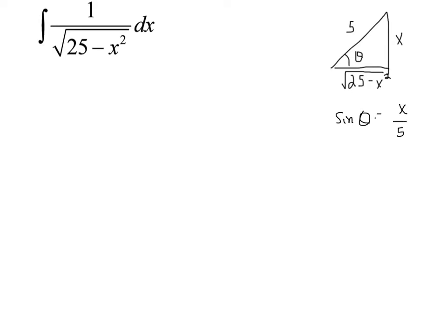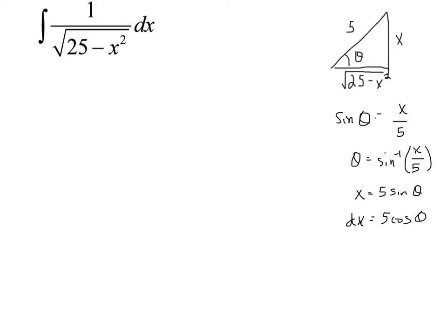And from here I can get a lot of information. I can say that theta is the inverse sine of x over 5. I can say that x is equal to 5 sine theta. And I can say that dx is equal to 5 cosine theta d theta.